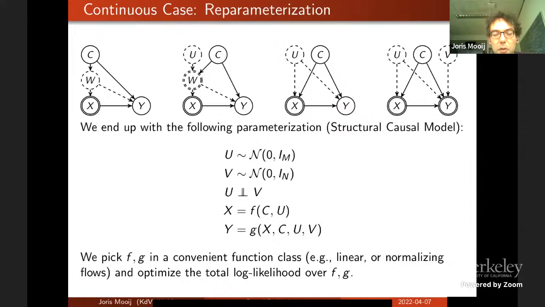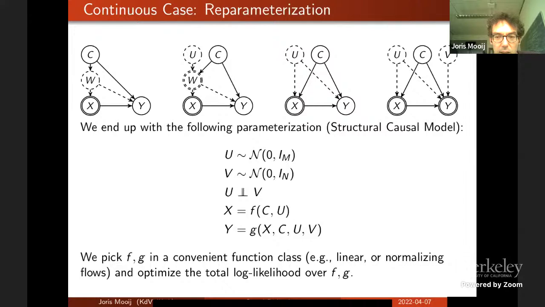We end up with a third graph on top. And then finally, we can apply the reparameterization trick to Y to write it as a function of its parents C and X and a new noise variable V that is independent of U and C and X. And then we end up with this structural causal model parameterization, which is written here.